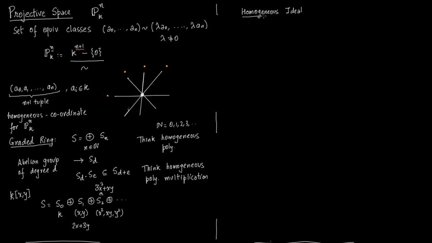So now we talked about homogeneous polynomials. Just like in previous polynomials, we talked about their ideals. We want to talk about homogeneous polynomial ideals. So I will just write down first the framework, and then again you should think of a homogeneous ideal as generated by a bunch of polynomials, and each of those polynomials is homogeneous.